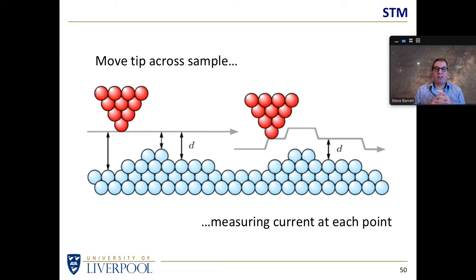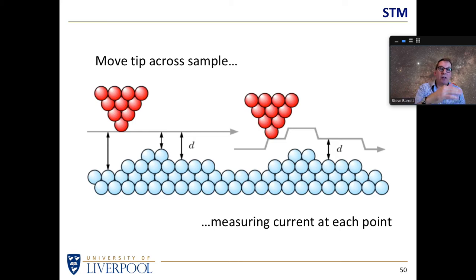And it is sensitive enough to measure differences even though these distances change by only a fraction of an atom. If the distance between the tip and the sample changes by a fraction of an atom, it produces a change in current which is large enough to measure relatively easily.